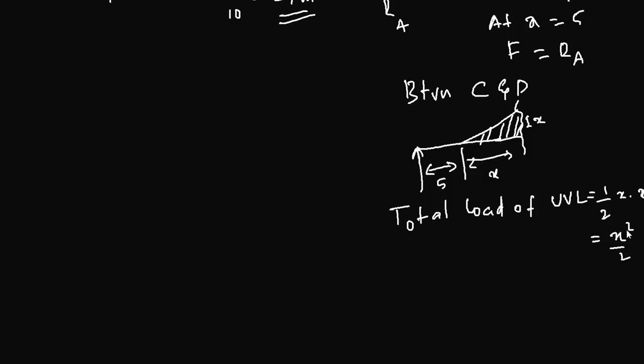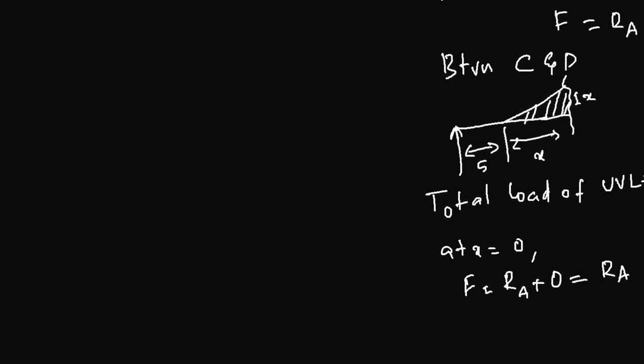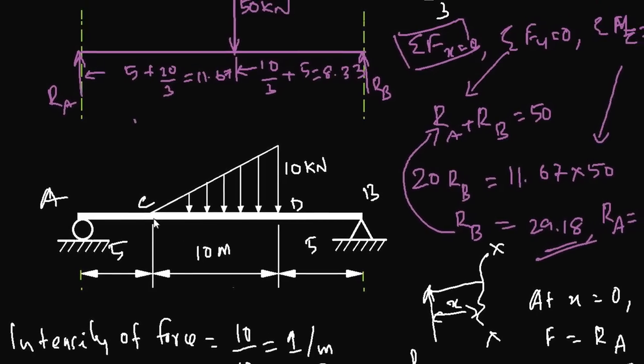So you can see the load is actually varying following a square law. At this point the total load is x squared over 2. So at x equal to 0, the force is RA plus x squared over 2, which is RA plus 0, that is equal to RA. Now the maximum distance of x is 0 to 10.